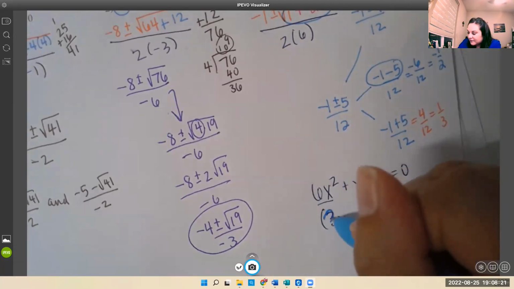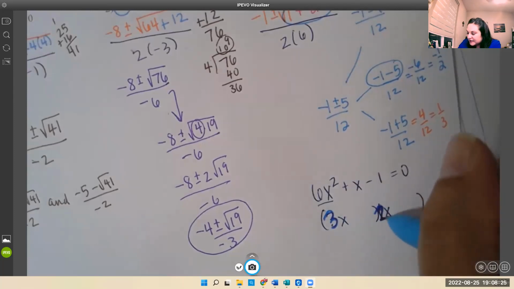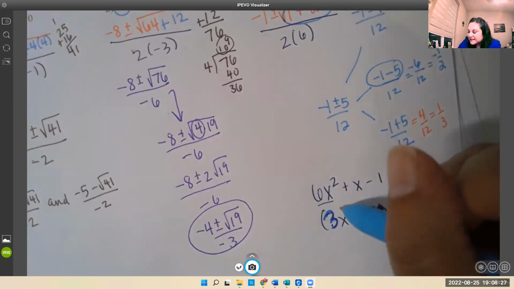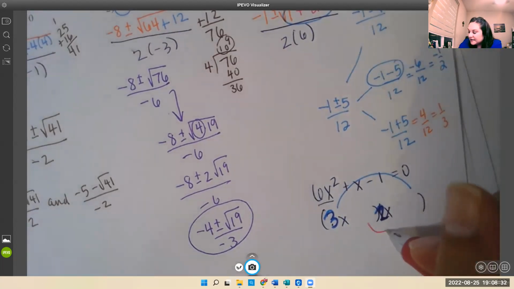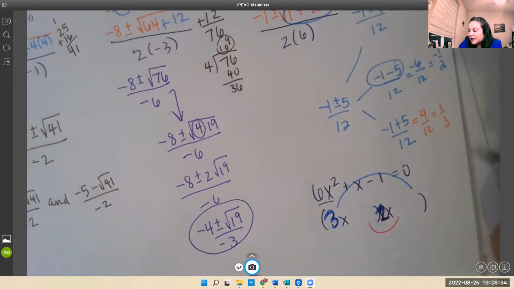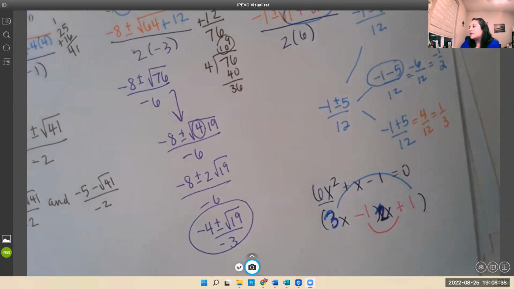So I want my 3 to be positive, and I want my 2 to be negative when I do this outer inner product. And so I want my 2 to be negative, and I want my 3 to be positive, and so I put it just like that, right?